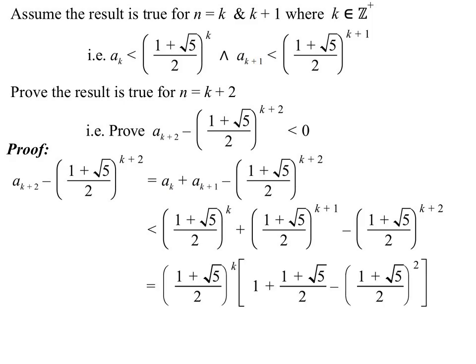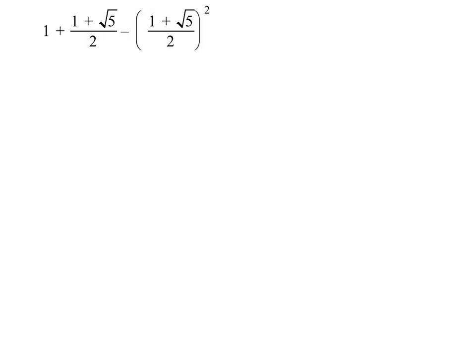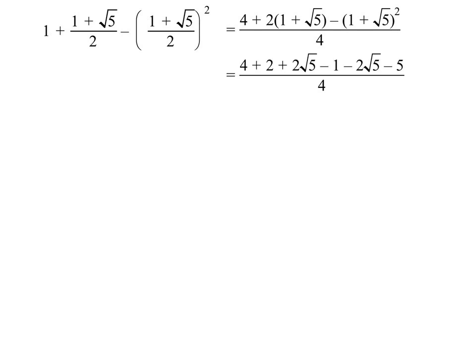Well, there's a common factor there, so I may as well pull that out. And of course, that's a positive number. 1 plus root 5 on 2 to the power of anything is going to be positive. So really, I now want to show what's in these brackets is negative. Let's play around with that. Make it all one fraction. I've got 4 on the bottom. Well, that's positive. So now it's the top of the fraction. Expanding out, actually it turns out to be 0.